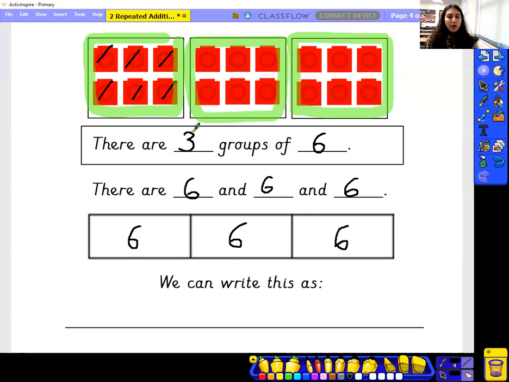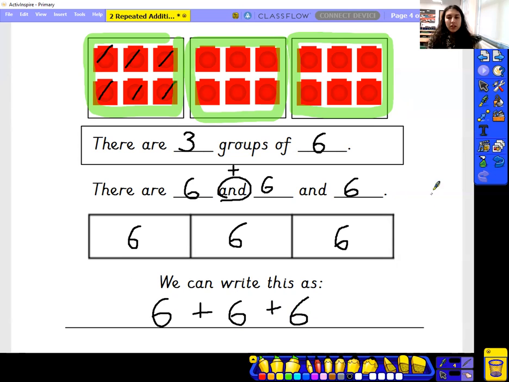So now I know that I've got 3 groups of 6, or in other words, 6 and 6 and 6. We can then write that as a repeated addition by replacing our ands with an addition symbol. So instead of saying I've got 6 and 6 and 6, we could write it as 6 plus 6 plus 6.